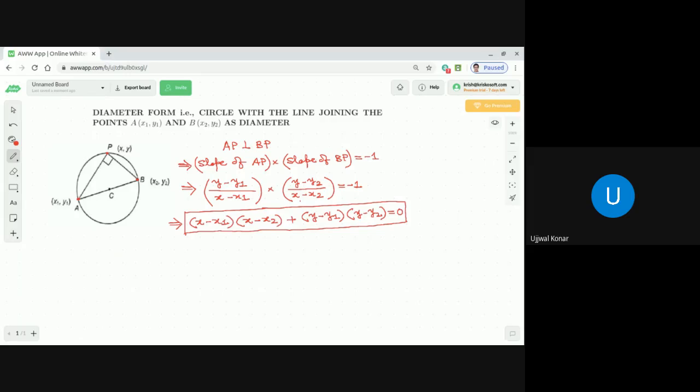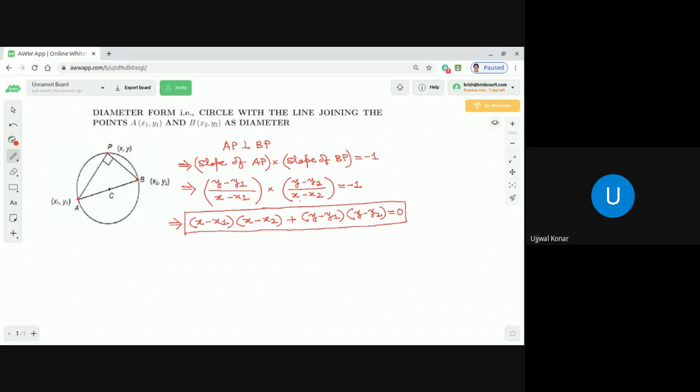You may wonder, I do not know whether this particular point is coming to your mind or not. I said in my previous session that the general equation of the circle is x square plus y square plus 2gx plus 2fy plus c equal to 0. So there are three parameters, f, g and c, and we need three pieces of information so that we can find the equation of the circle uniquely, if you recall.